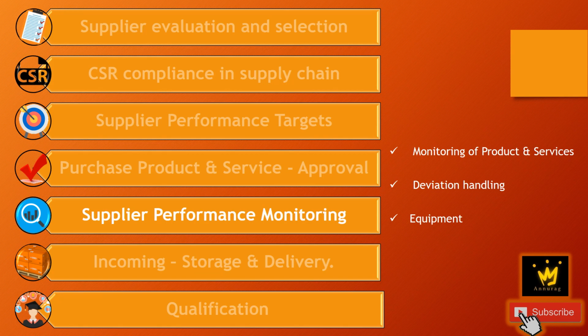Equipment is also a very important aspect which you need to check. Equipment, I mean the testing and measuring equipments over here. You should see whether the testing and measuring equipments are in sufficient quantity or not, meaning the number of equipments required to cover all the testing.